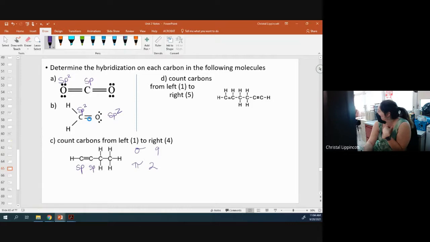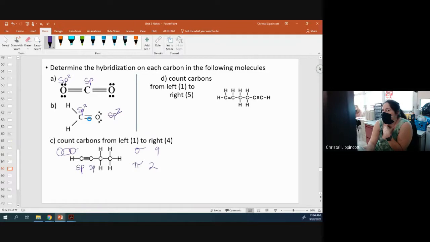Wait, so sp is the hybridization. Remember for this one, we would need to have one sp orbital here for the sigma bond, and you would have that hybridized going over to the hydrogen. So the hydrogen would have an s coming off of the carbon. You would have an sp orbital over here.